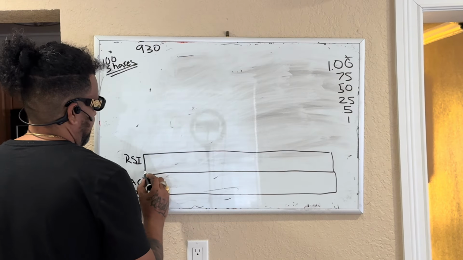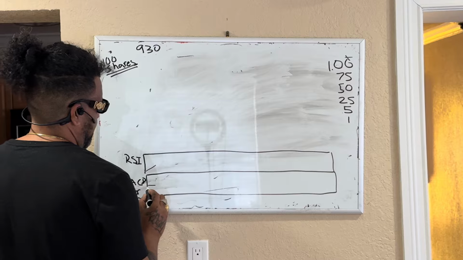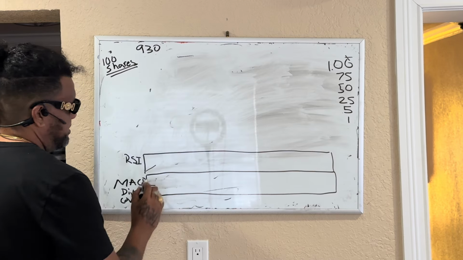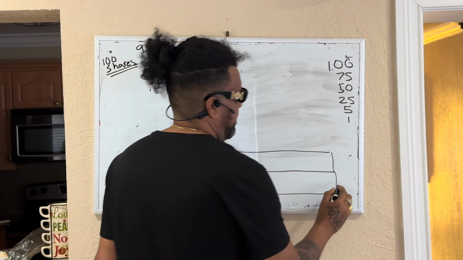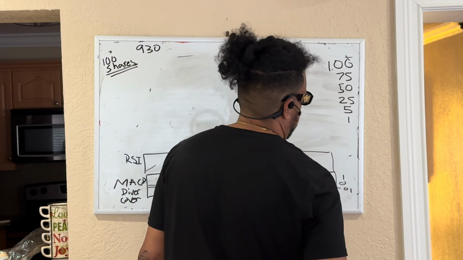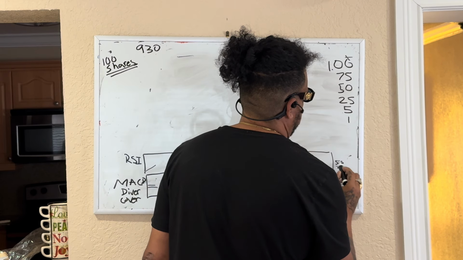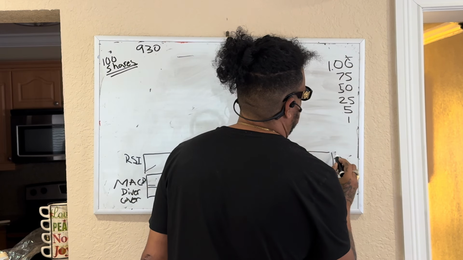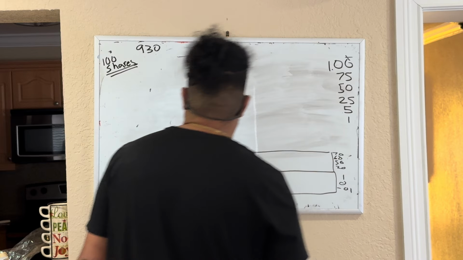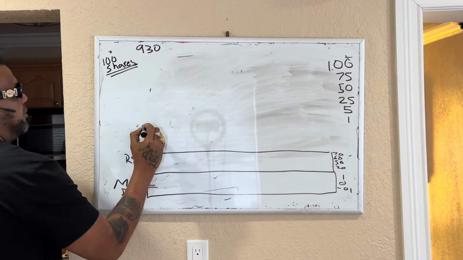RSI opens. MACD opens sideways. You're going to see a 0, like a 1, and a minus. You're going to see 50, 20, 60, 70, right? First candle.